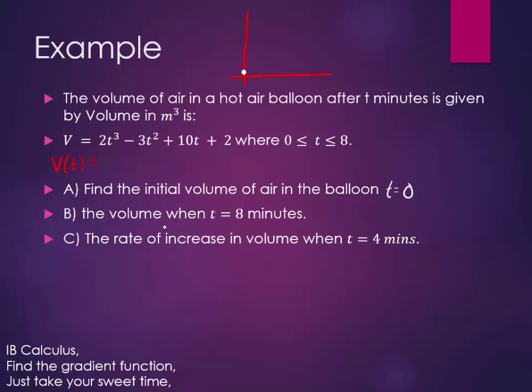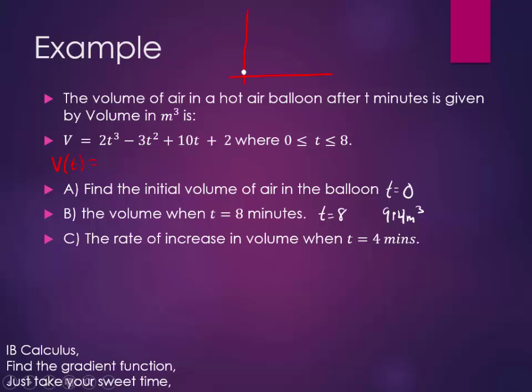Now after 8 minutes we have a much larger amount, which we get by plugging in T equals 8. I'll save you a little time on the calculations: you plug in 8 for each T and you end up getting 914.